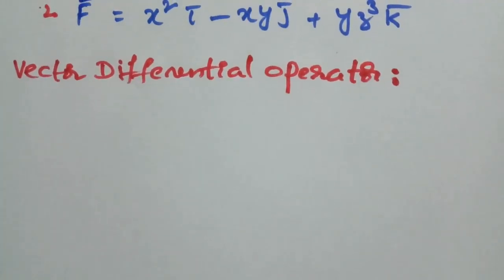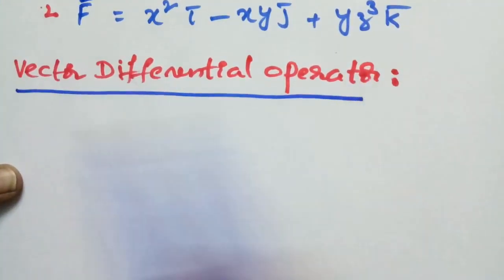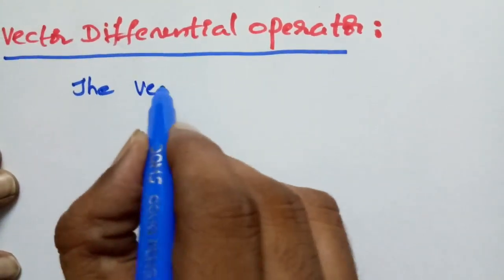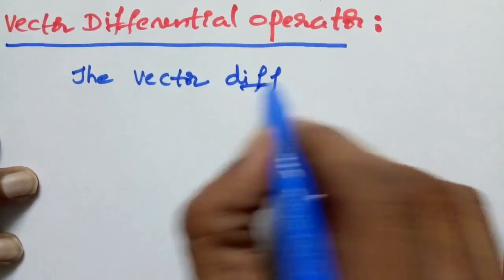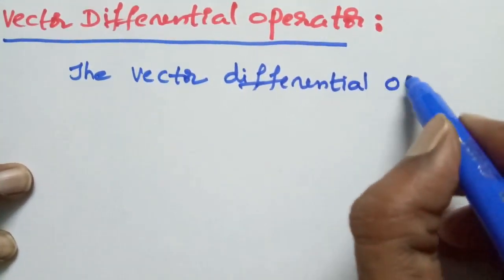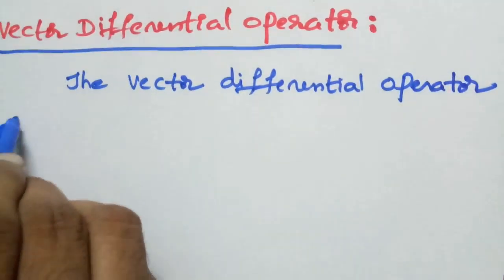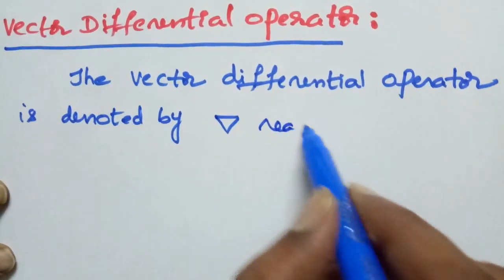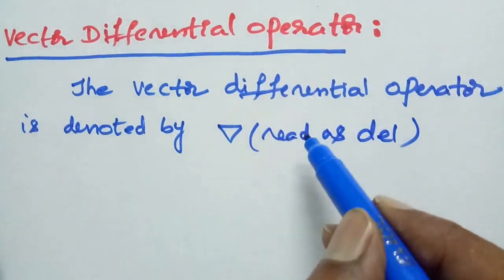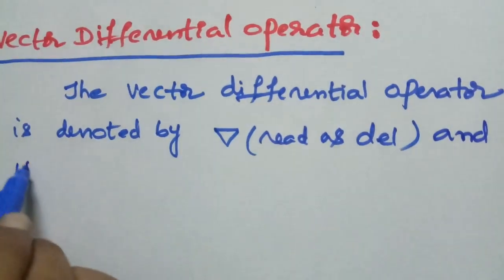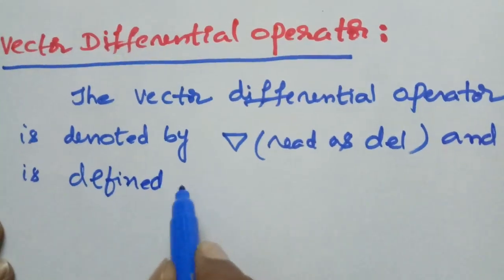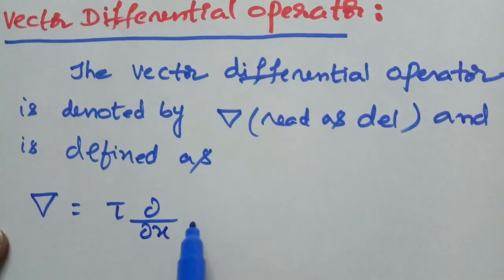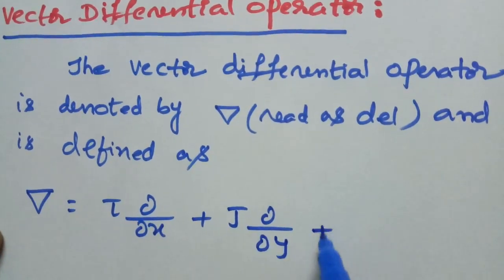The vector differential operator is denoted by del, read as del, and is defined as del is equal to i bar dou by dou x plus j bar dou by dou y plus k bar dou by dou z.